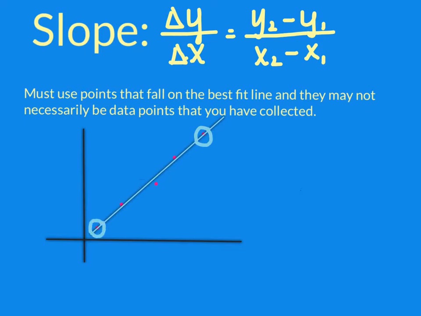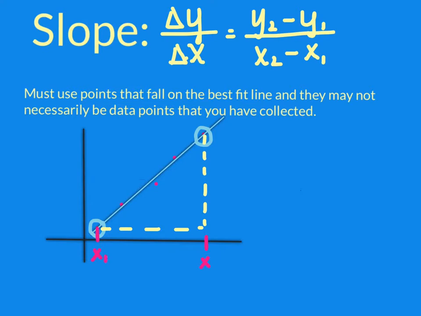So I'm going to create a right triangle, and that allows me to look at where that point falls on the x-axis and where it begins here on the x-axis.